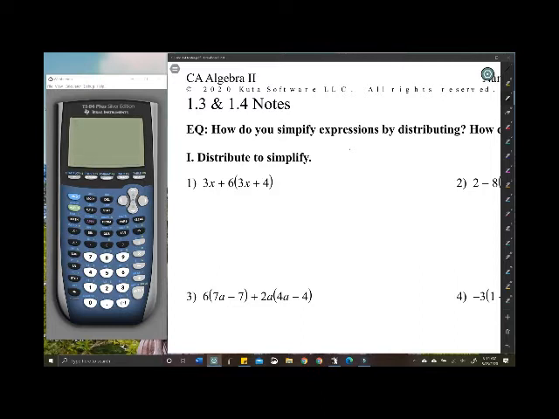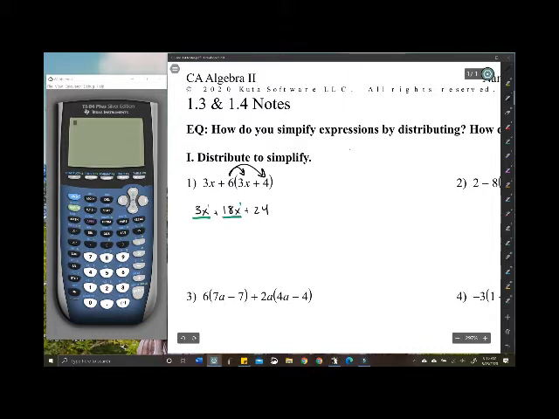So let's just jump right in. First, we're going to distribute the 6, and that's going to look like 3x plus 6 times 3 is 18x. 6 times 4 is plus 24. All right, not done yet. We're going to combine these like terms. Like terms are the x's, okay? They're each x to the first.